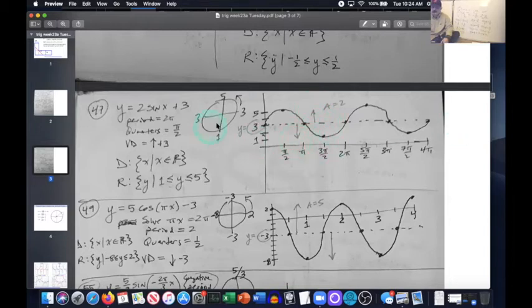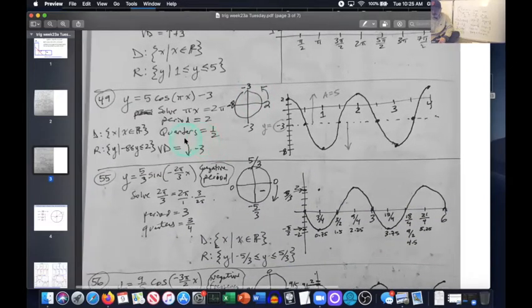You could think of it that way, and that's really what I'm doing here in the unit circle, right? Since this is the sine, 0, 1, 0, negative 1, you could just go 2 times 0, 2 times 1, 2 times negative 1, and then plus the 3. So for me, having a visual aid helps me focus. So that's what I use that for.